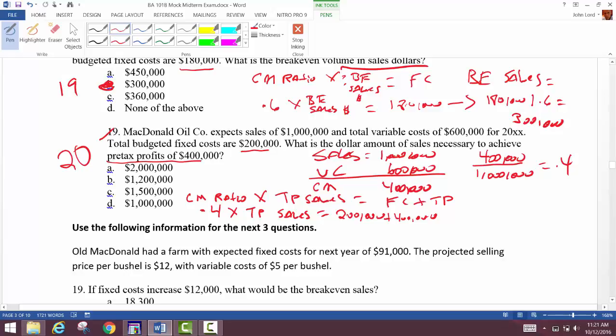So just doing the math on here then, target profit sales will equal 600,000 divided by 0.4, right? And 600,000 divided by 0.4 is going to give me what? 1,500,000? Choice C.